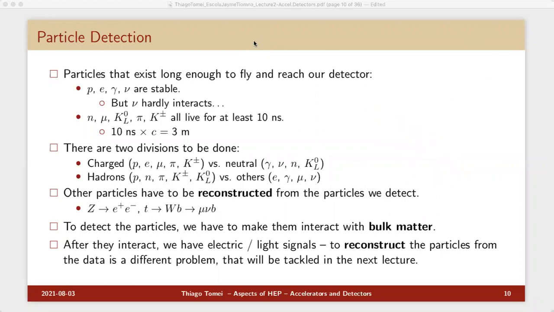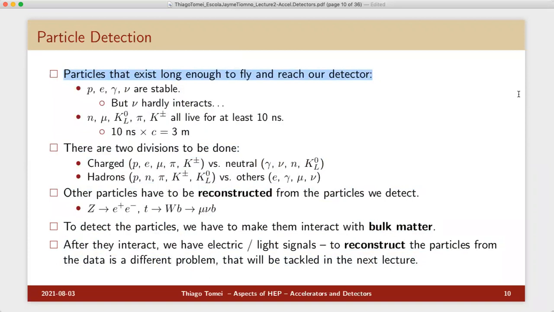Most of the particles that exist, either elementary particles or bound states, are unstable and decay very rapidly. So they have to exist long enough to fly and reach whatever instrument we're using to detect them.